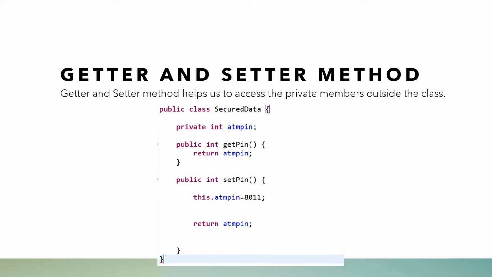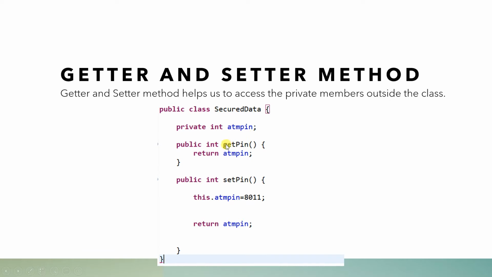Getter and setter are altogether two different methods to access a single variable. So my variable is atmPin, which is a private variable or private member. Now we need to define the getter method and the setter method.